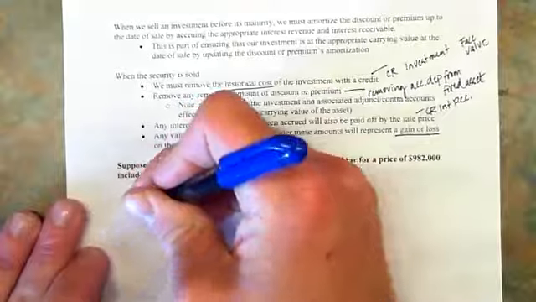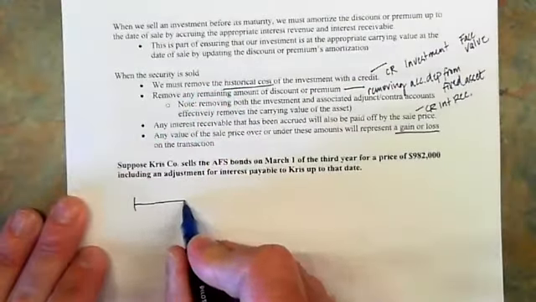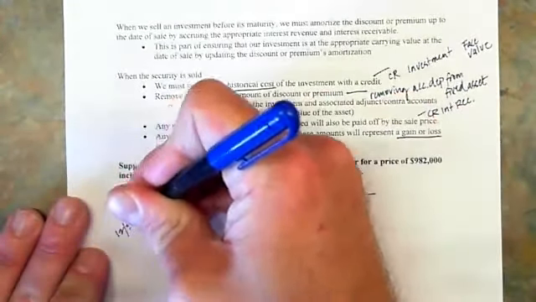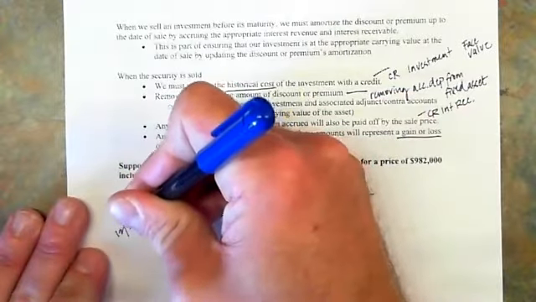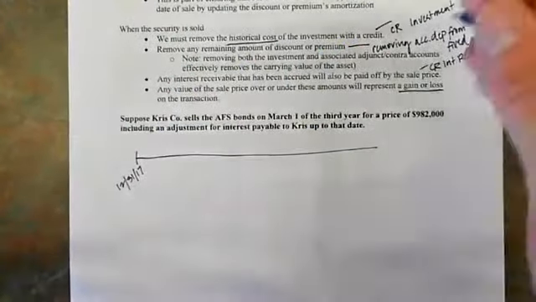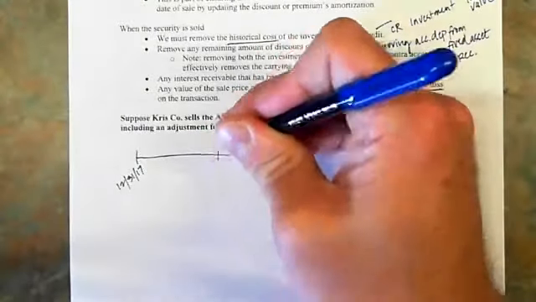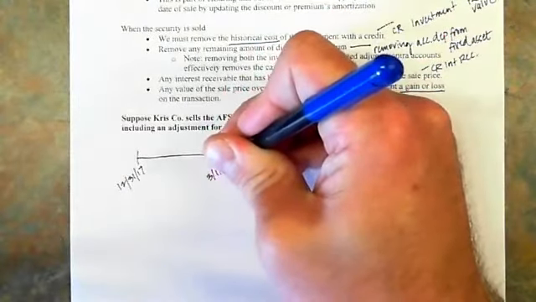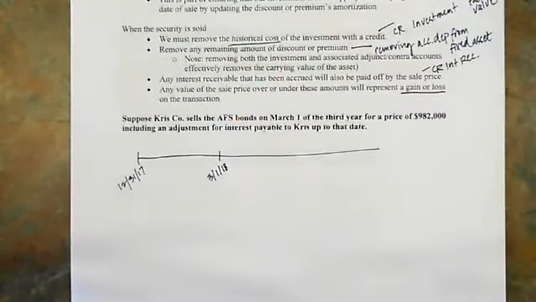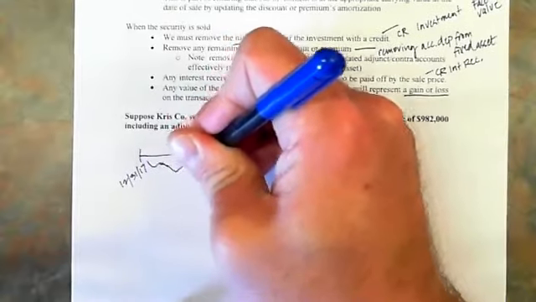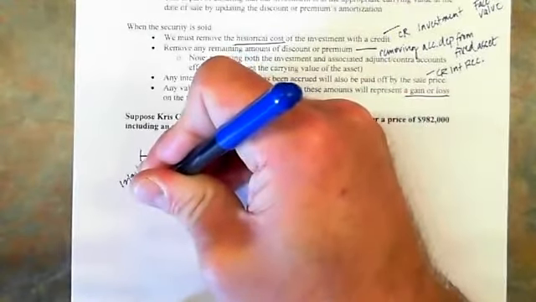So remember, in this case, these bonds that we've been using as an investment for all these examples last paid interest to Crisco on 12/31/17, and now we're going to sell them on March 1st of the third year, which would be 2018. And this is the amount of interest Crisco is due.